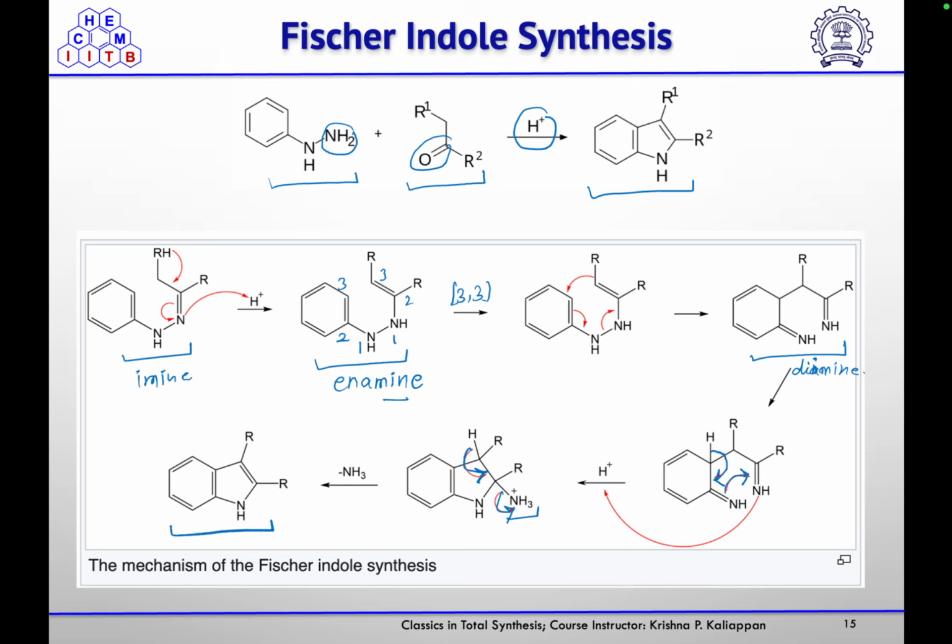So here also aromaticity is regained after the loss of ammonia and the proton. So you will get the corresponding indole. So this is Fischer indole synthesis, where we start from phenyl hydrazine, which on reaction with a ketone in the presence of acid gives you indole.